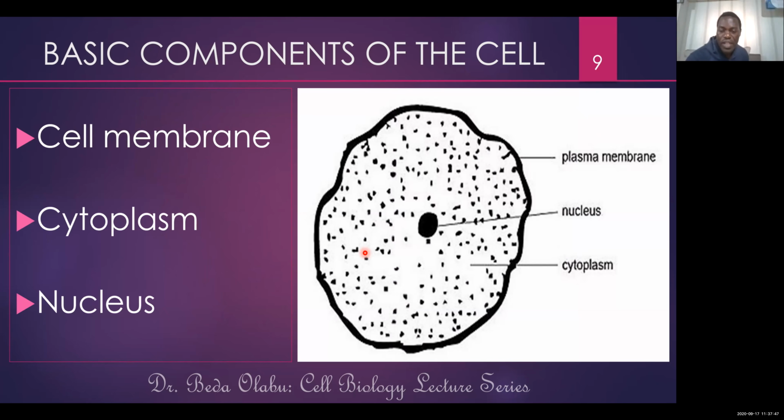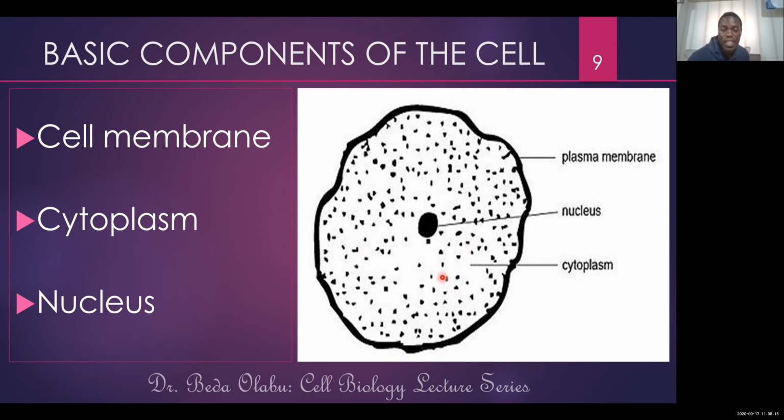If I ever ask you to use a labelled diagram to illustrate the components of a cell as seen under the light microscope, then this is what you draw. Don't add anything in the cytoplasm if you're talking about light microscopy, because in light microscopy, you cannot see beyond just saying this is the cytoplasm.